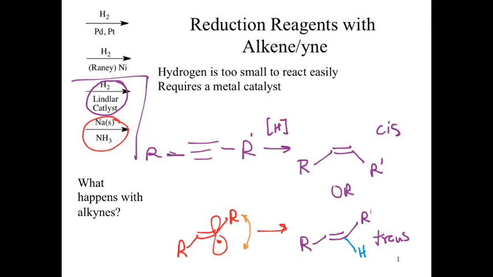If you look at your textbook, the textbook gives you at least a shortened version of the radical mechanism for the sodium metal that might help you grasp it, but what we just discussed here is really all you need. You just need to know that end result. Because the sodium metal goes through a radical, you end up with the trans conformation. Lindlar's catalyst is a platinum catalyst. The alkyne must sit on the surface, which forces the cis addition of hydrogen.